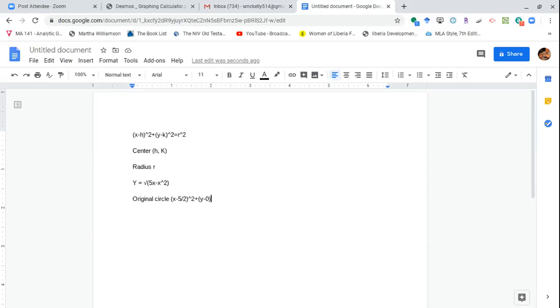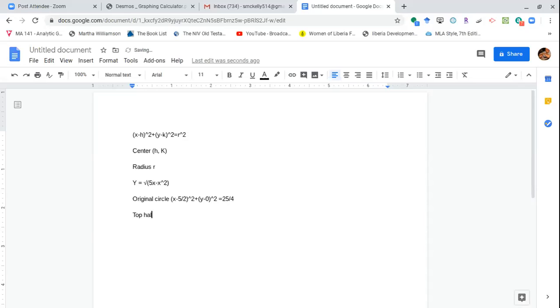And remember that the equation of the x-axis is y equals 0. I'll go back to the Desmos picture in a second, and you can see that equals 25/4. So this was the original circle that he gave you. But he only gave you the top half.